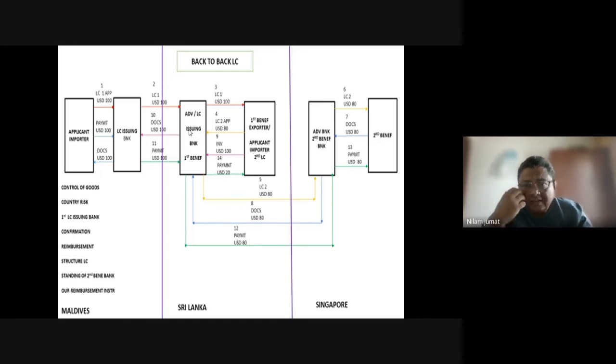That has got nothing to do with Ching. If People's Bank gets the $80 documents, People's Bank has to make the payment to Ching, irrespective of whether Bank of Ceylon will pay or not.